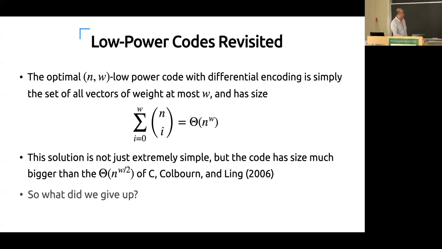So what do we give up? A buffer. Previously, there's no need for a buffer, and the optimal code has size n to the W over 2. With a buffer, we get n to the W. But the code is a lot simpler to construct.